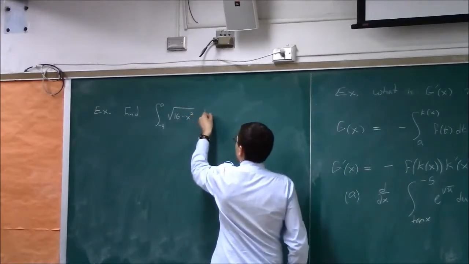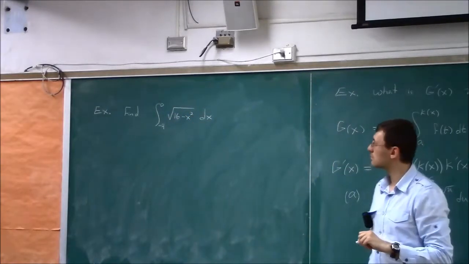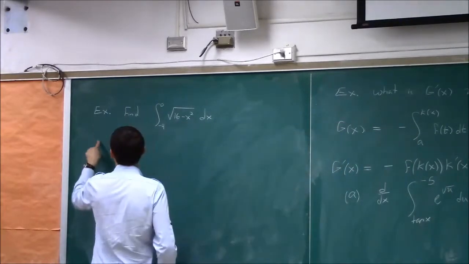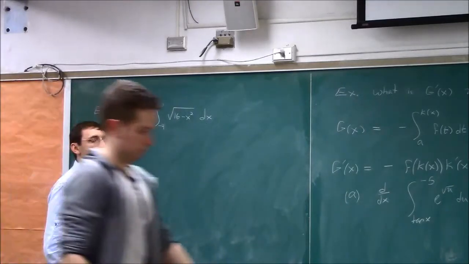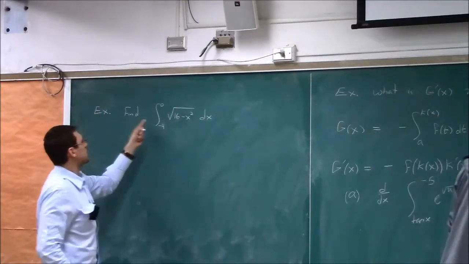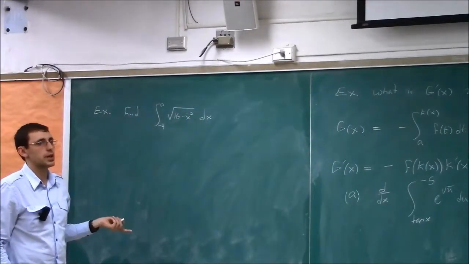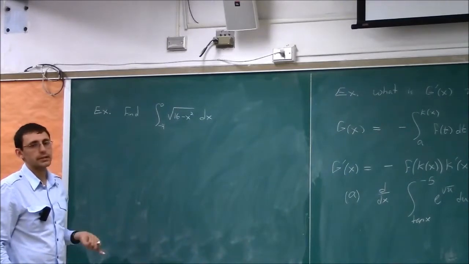Use any way you can. Anything you want. If you are told find this expression, it means just use any tool in your toolbox. No matter what, just find it.